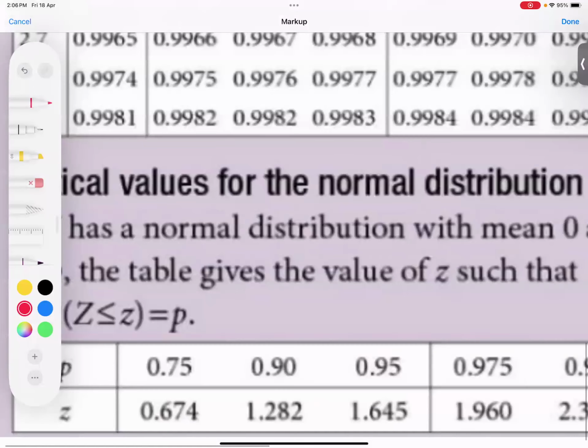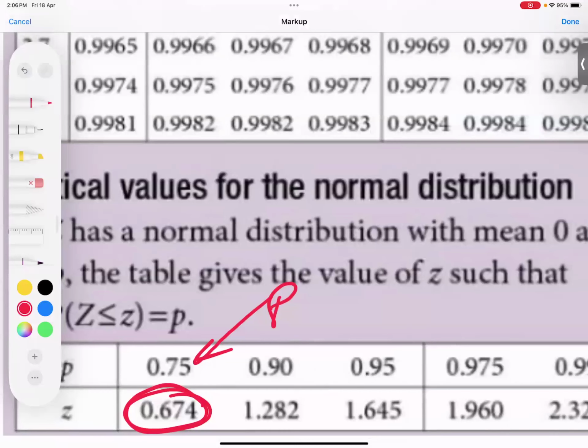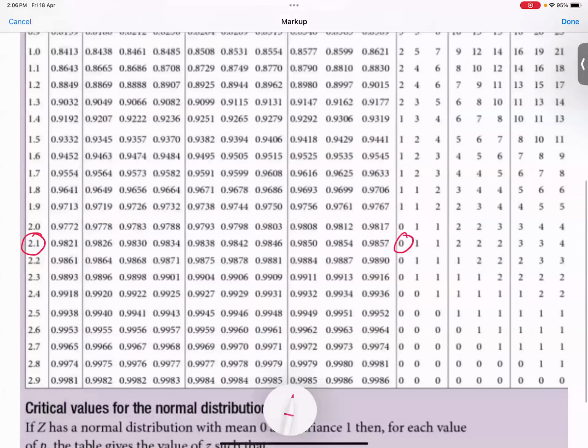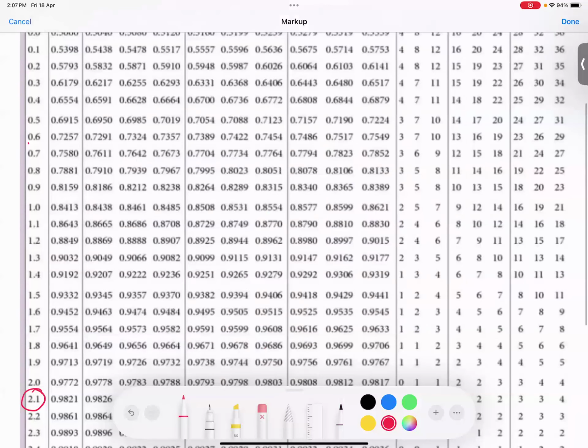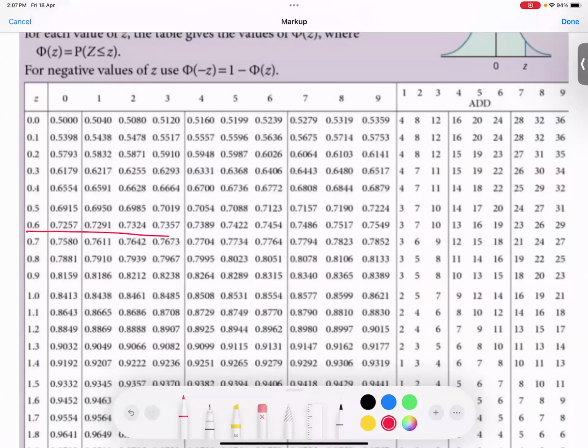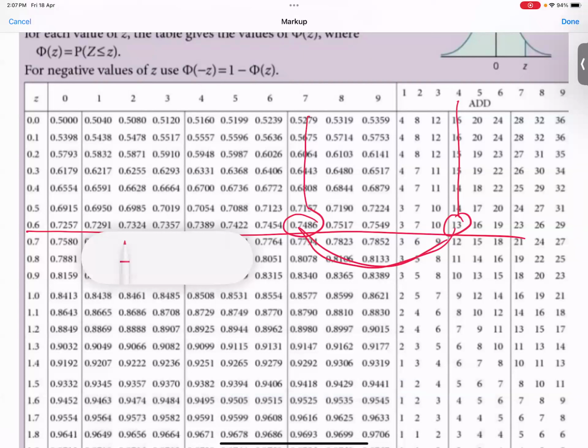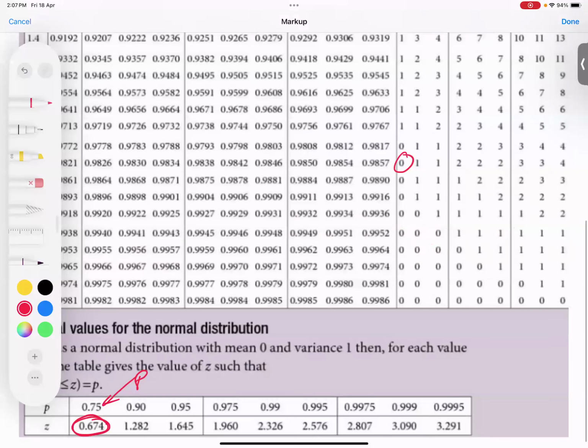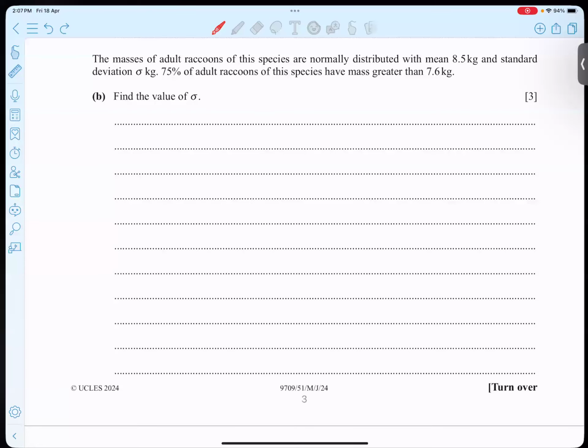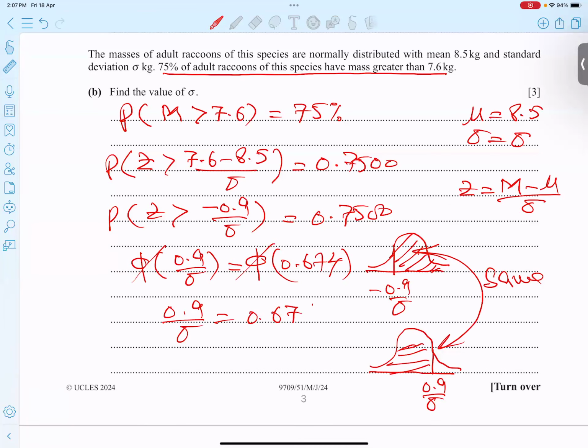Even if I get it from the top, 0.674. So 7 from here and 4 from here. If I add these two numbers, I get the same value. So I think the idea is very clear. 0.674. 5 I cancel. 0.9 over sigma equals 0.674.